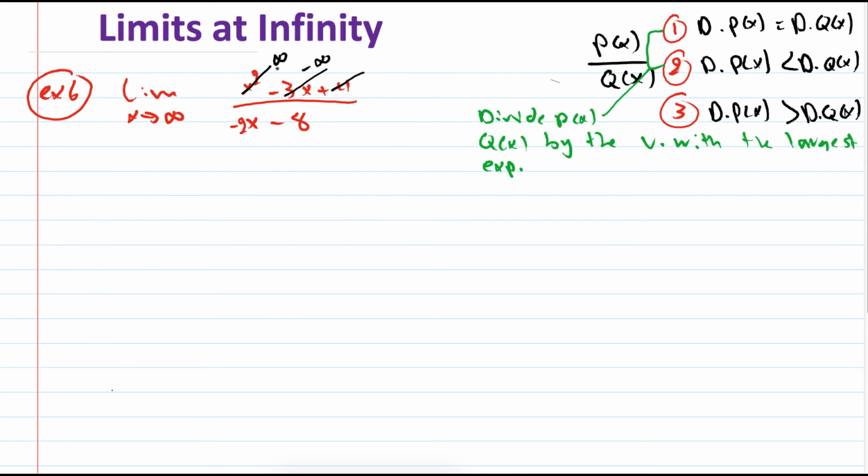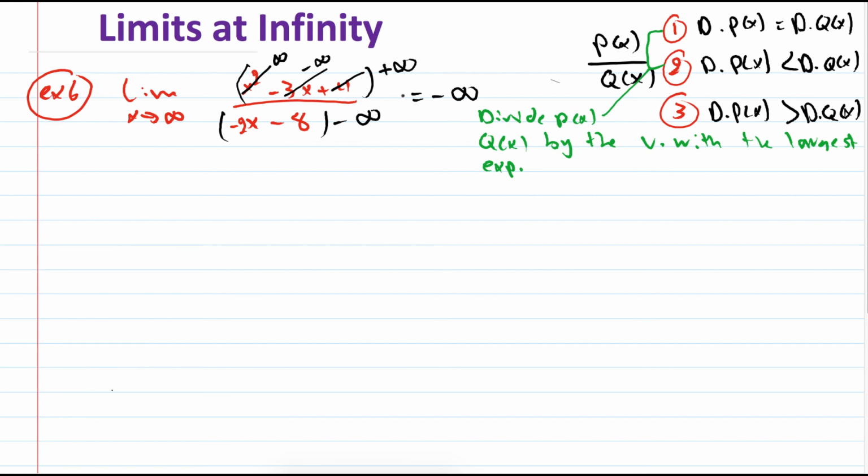Okay, so since the leading term is positive, the whole function on top goes toward positive infinity. How about this one? Well, this one will go toward negative infinity, definitely. So positive over negative will give you negative. So the limit of this function as x approaches infinity actually goes toward negative infinity.